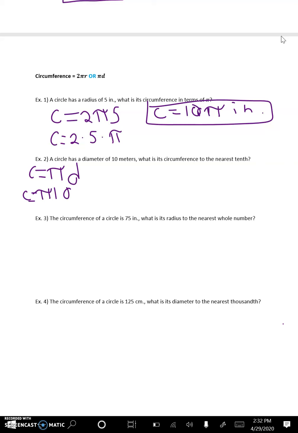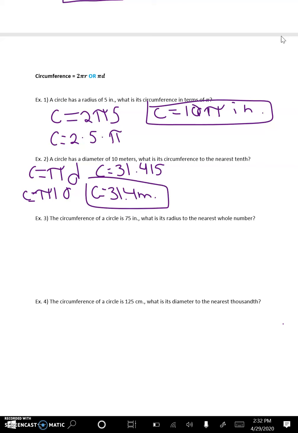So 10 times pi is 31.415. Asks us to the nearest tenth, so that's going to be 31.4 meters.